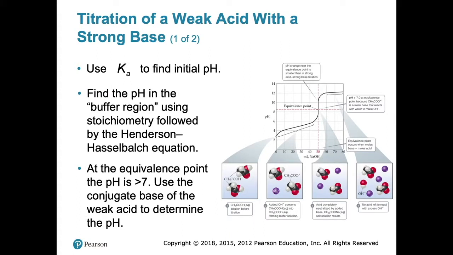The increase is, I mean, sorry, steeper, right? The increase is steeper to the equivalence point, such that the pH is now going to be above 7 when you get to the equivalence point. But then after that, it actually levels off like it does with a strong base.